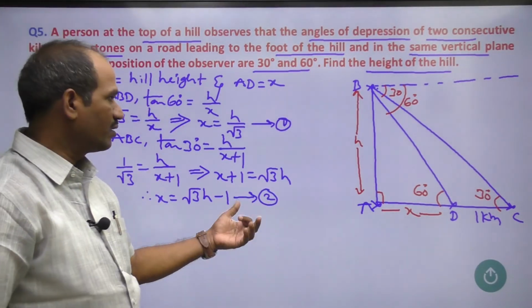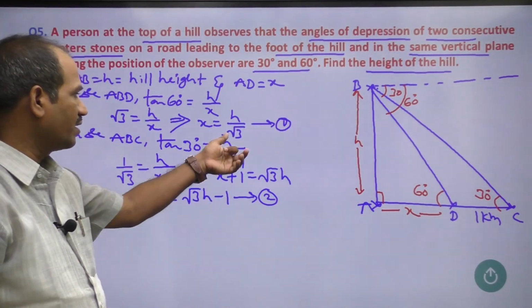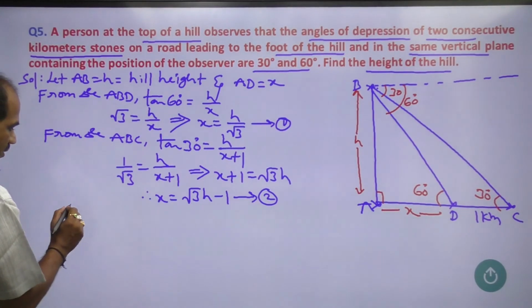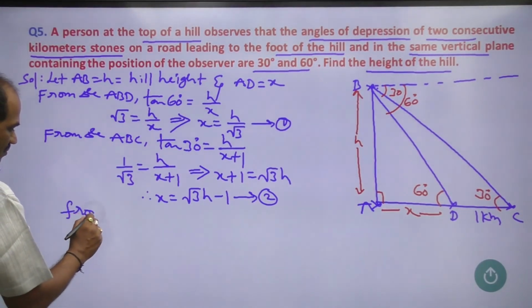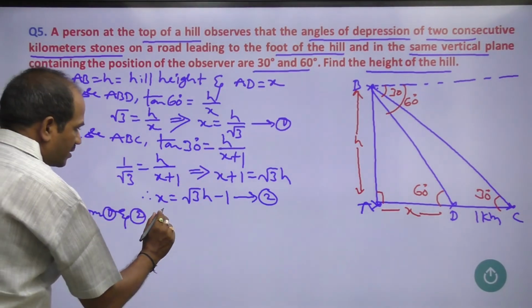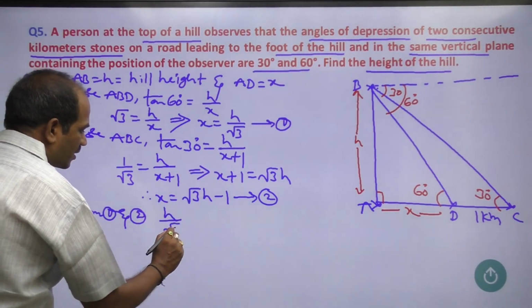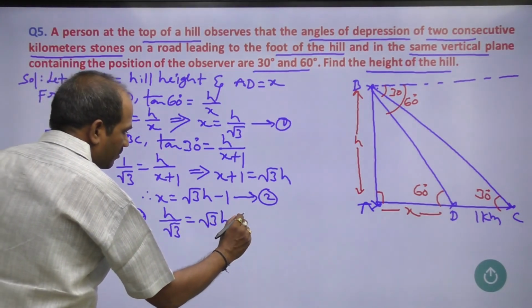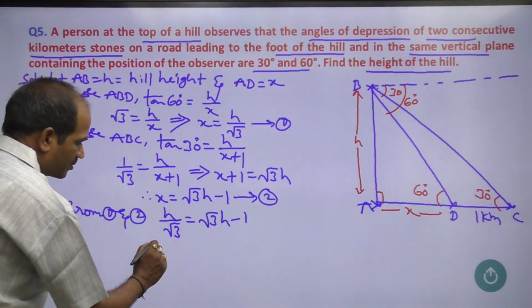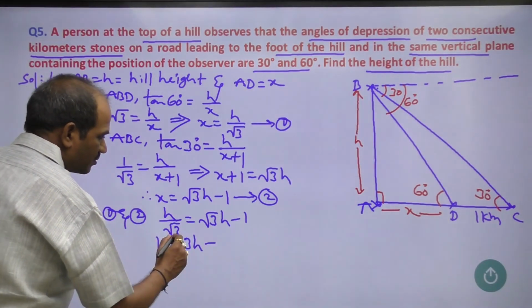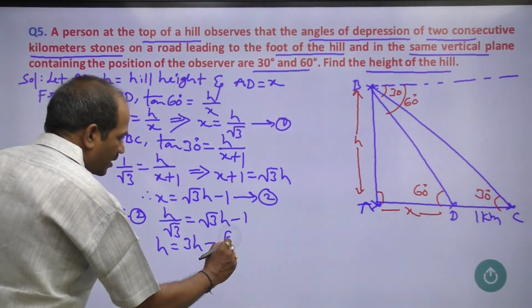So from 1 and 2 we calculate the h value. This is also the x value, so these two are equal. So h by root 3 is equal to root 3 h minus 1. Cross multiply: h is equal to root 3 into root 3 h, that is 3h, minus root 3 into 1, that is root 3.